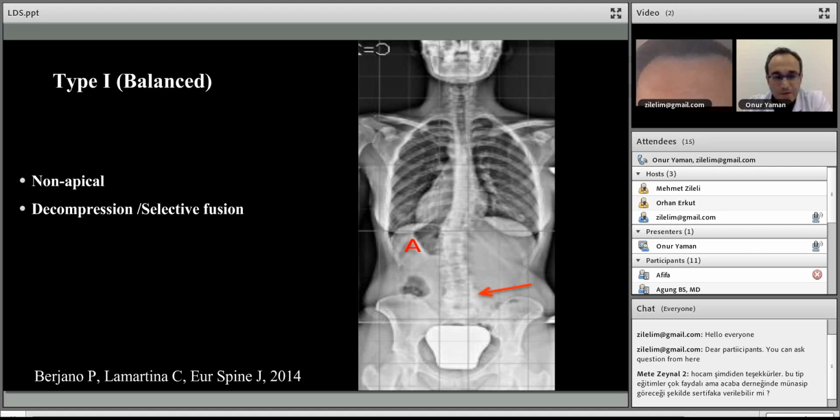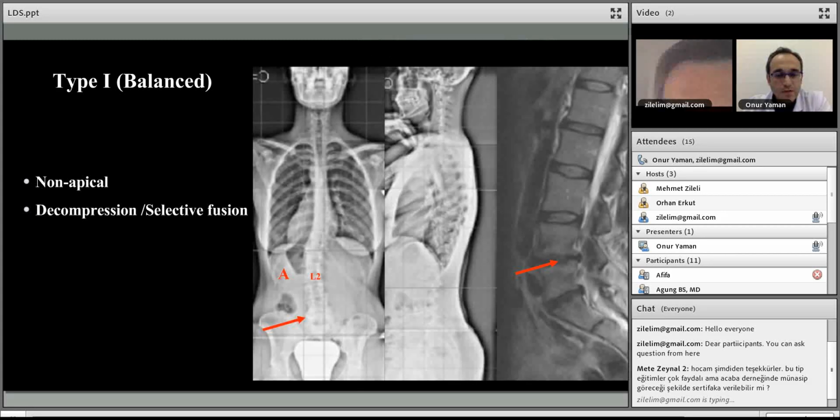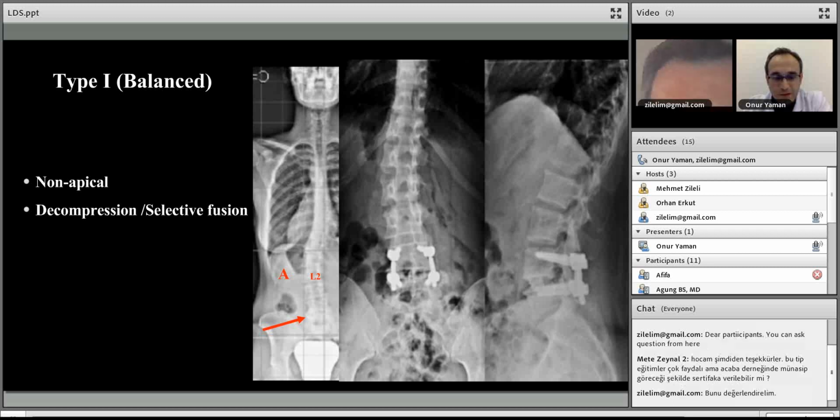Type 1 is the non-apical. In these cases, the symptoms are caused by the non-apical segment here. So if you operate only that segment, decompress and make a selective fusion, the patient will be good after the surgery, like in this case.